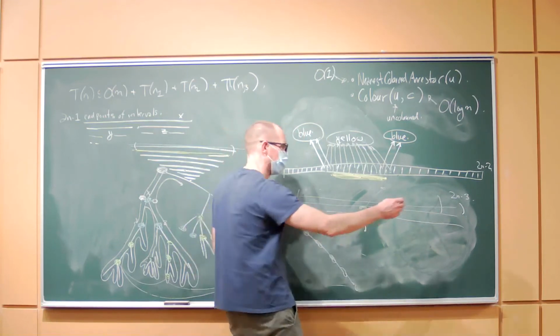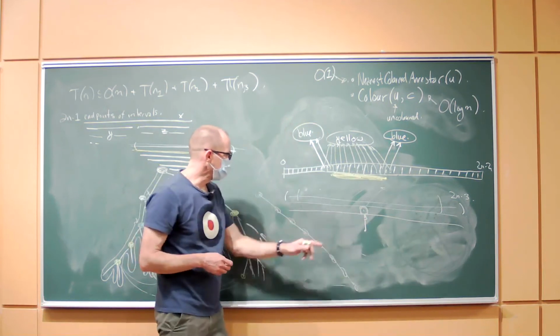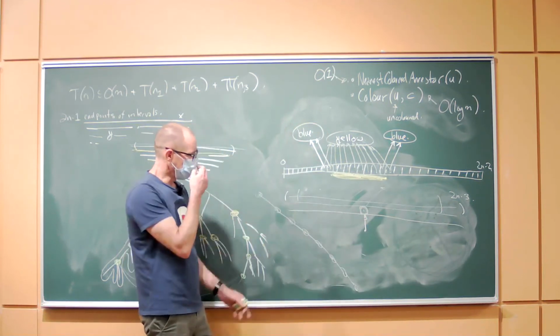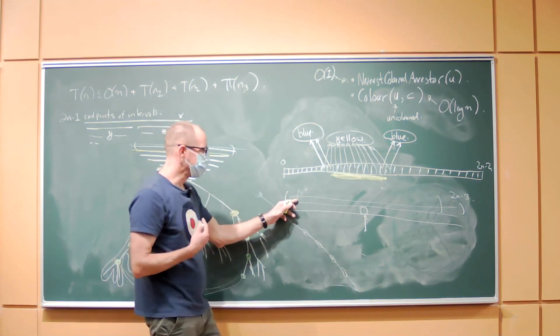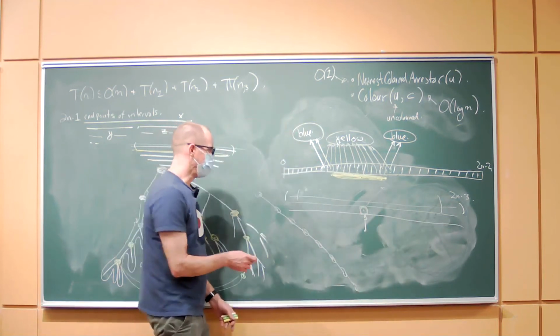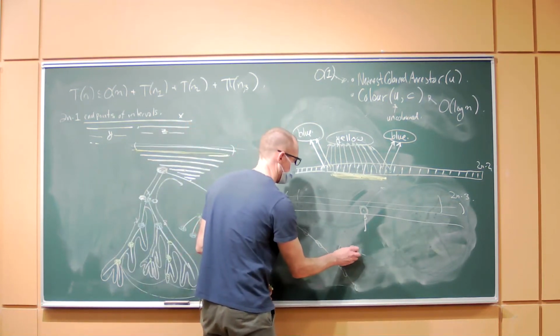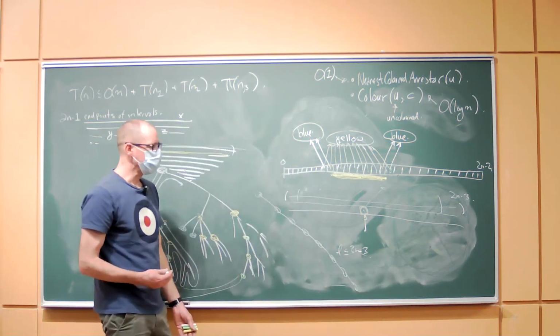For instance, you kept coloring like this, then his pointer doesn't have to change. So at the first time his pointer changes, his interval is not more than 2n minus 3. So it's some value L less than or equal to 2n minus 3. But now we're going to change him.